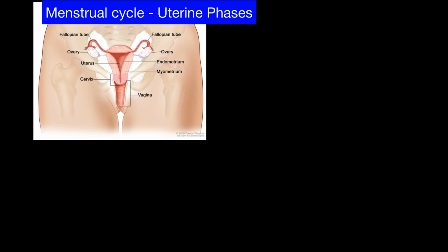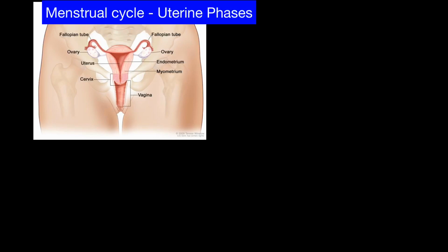In addition to all these changes that we see going on in the ovary with regards to follicle development and meiosis happening with the oocytes, we also have changes occurring within the uterus, specifically changes with the endometrial lining.